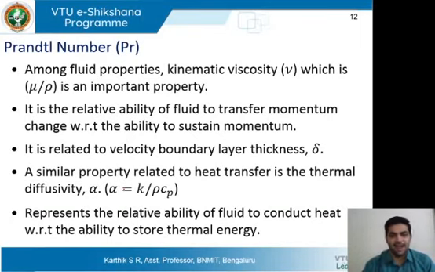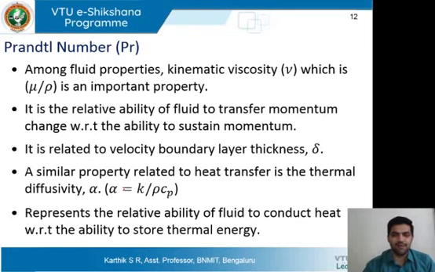And what is density actually? Density is related to inertia. It is something which is trying to sustain the momentum, so it is not allowing the fluid to slow. Whereas viscosity is acting as a resistance to flow. So a relation between these two parameters is established using kinematic viscosity.